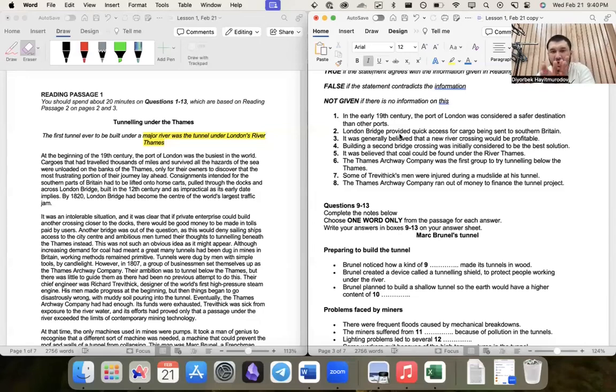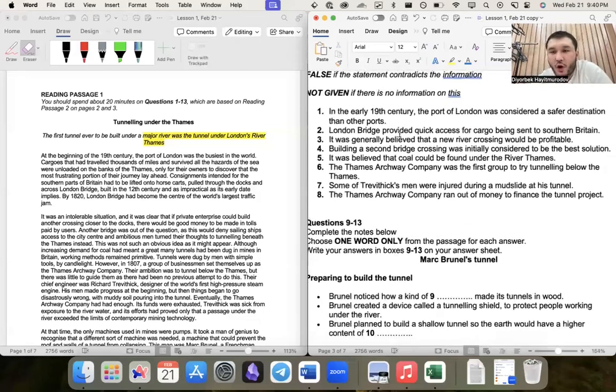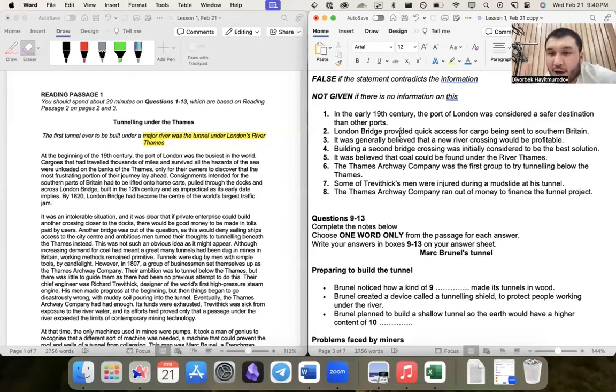I look at questions and then I start reading them with the goal of finding one word that I cannot miss. In each question, there's always one word that you cannot miss. Here, "in the early 19th century" is going to be the one word. "Port of London was considered a safer destination." Oh, they are making comparison with other ports.